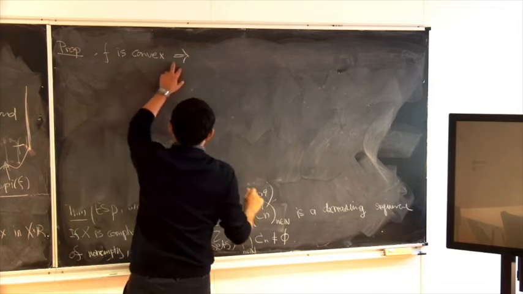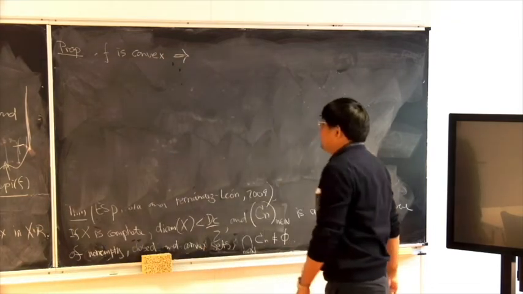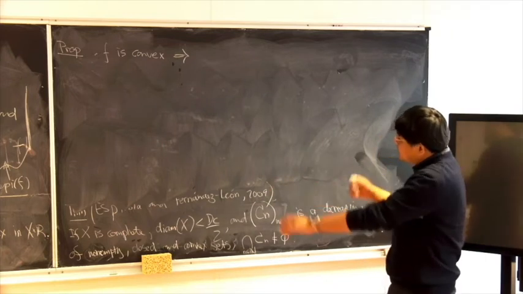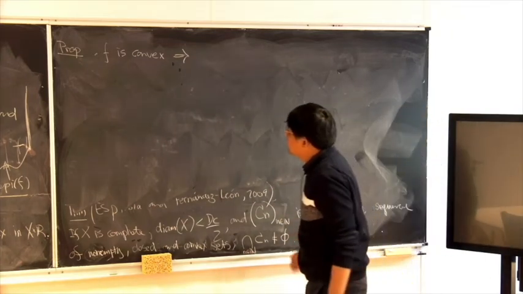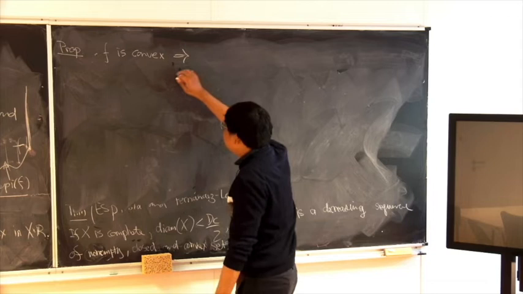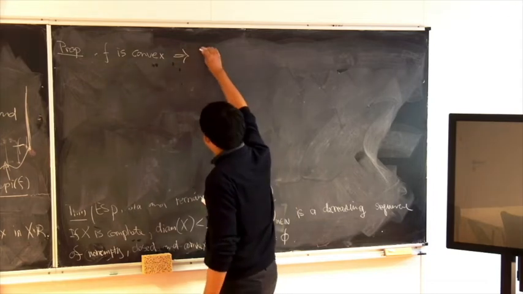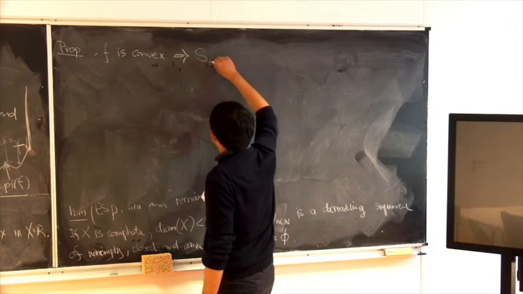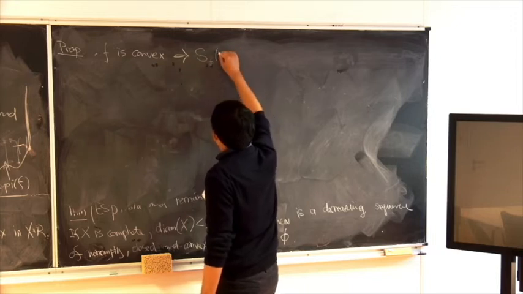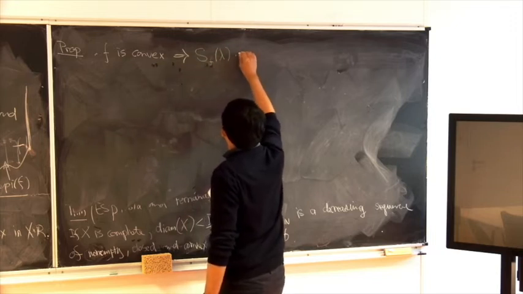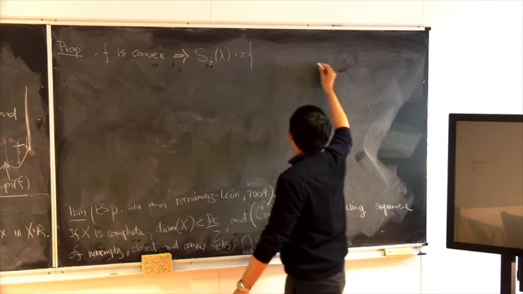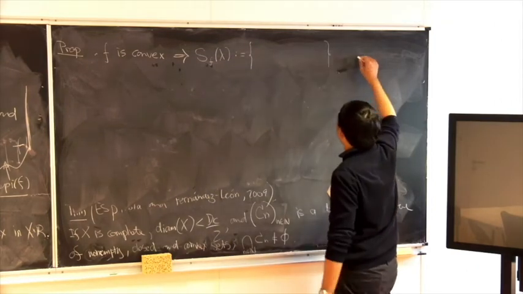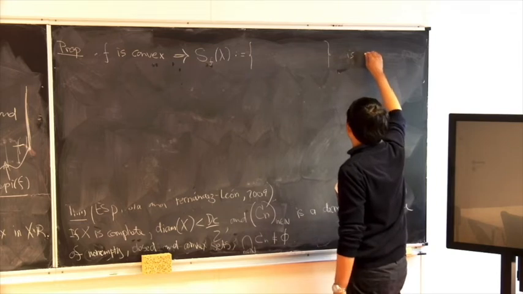Here we have only one-sided implication. Okay, it's not if and only if. Okay, if X is convex, then the sublevel set of lambda. Okay, so what is this? This is a convex set.